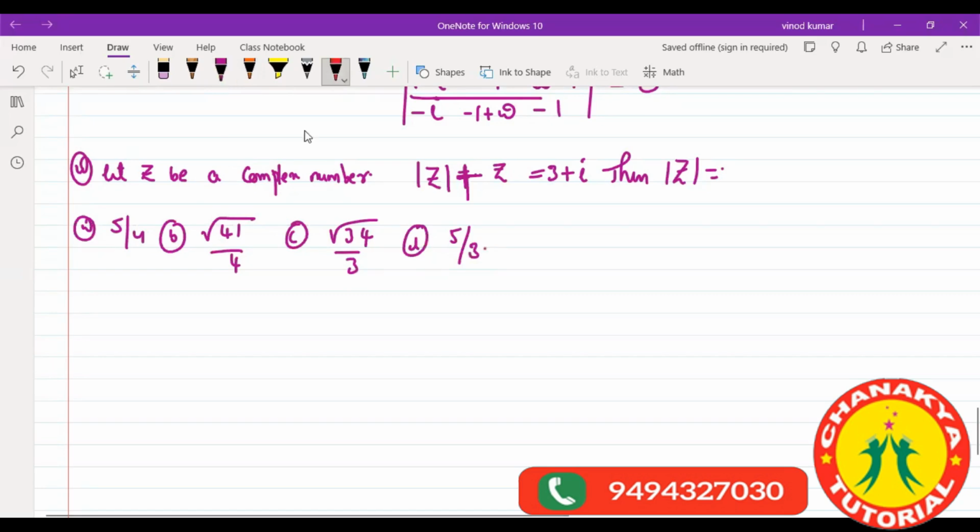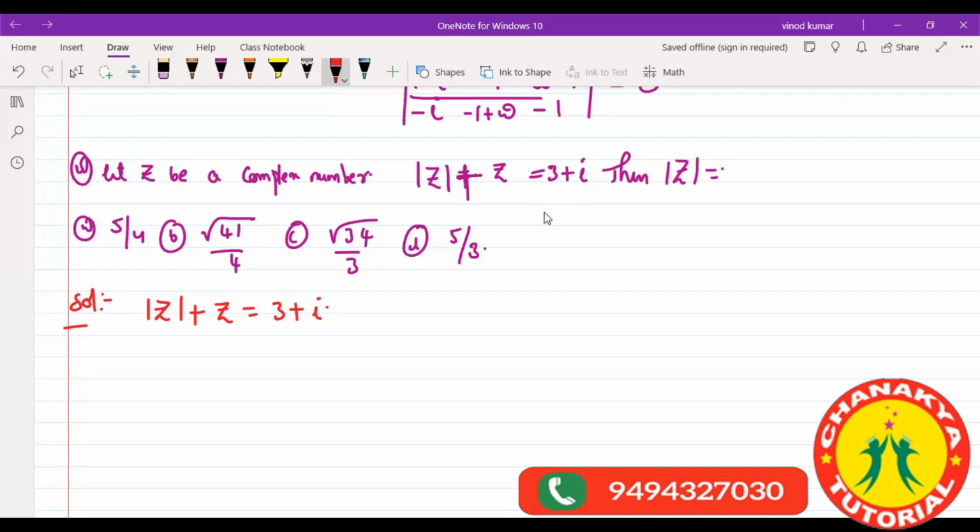Given the question, we will simplify: modulus of z plus z equals 3 plus i. Here he is asking for the mod z value. Basically z is a complex number, but we don't know its value. We can take any x plus iy or a plus ib, whatever it is.